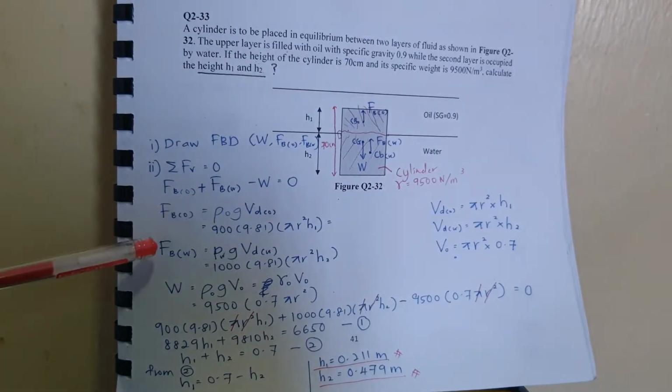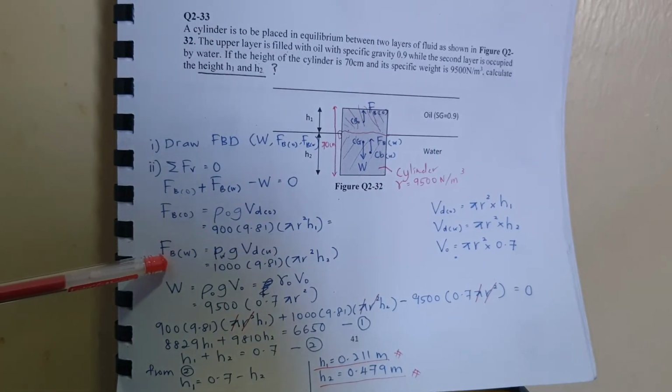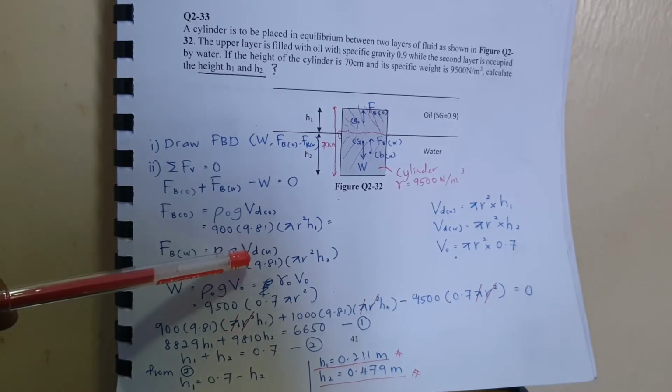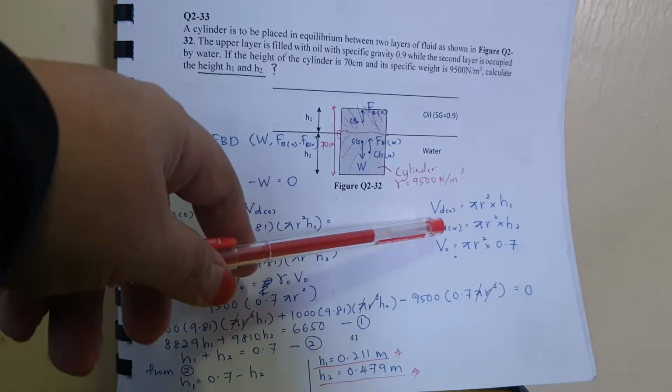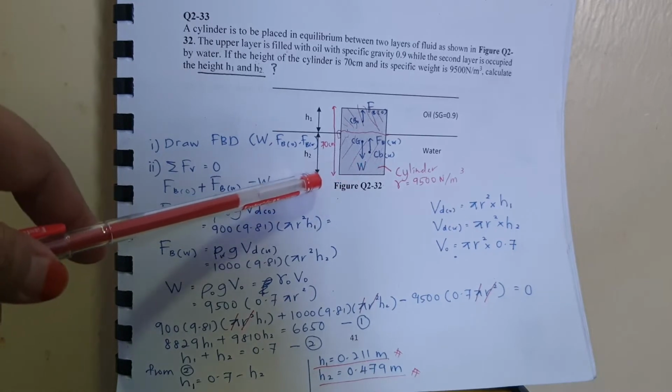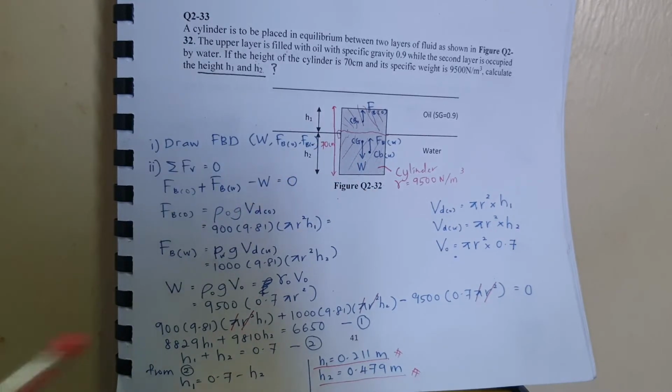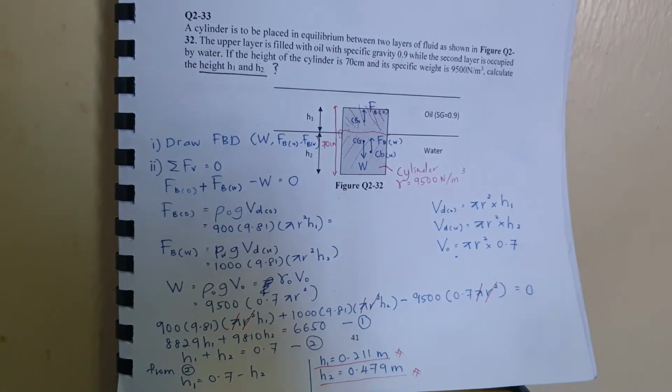So next, to calculate FB of water. Remember, FB is about liquid, so density of water, g, volume displaced in water. So what is the volume displaced in water? This part only, equal to pi r square times H2. Okay, so what is the volume of the object?